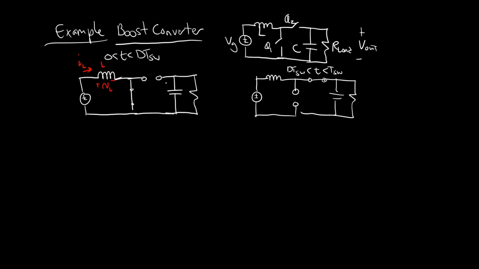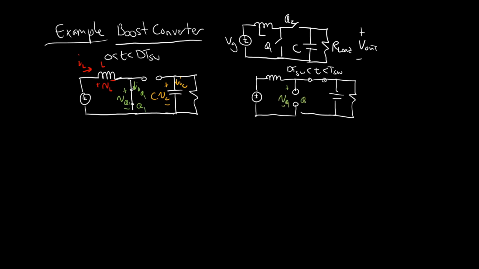We have our capacitor, right? We have our capacitor voltage and we have our capacitor current. We have Q1, and we have the voltage across Q1 and the current through Q1. I guess I should do this over here as well.